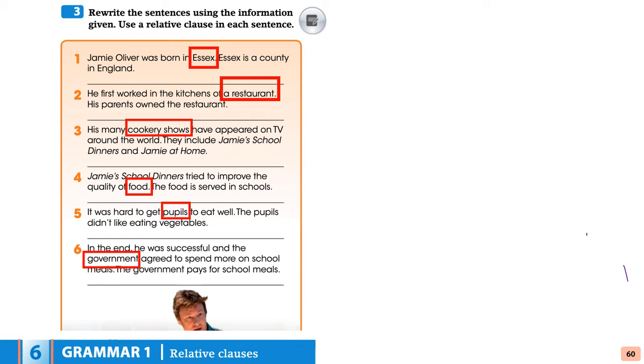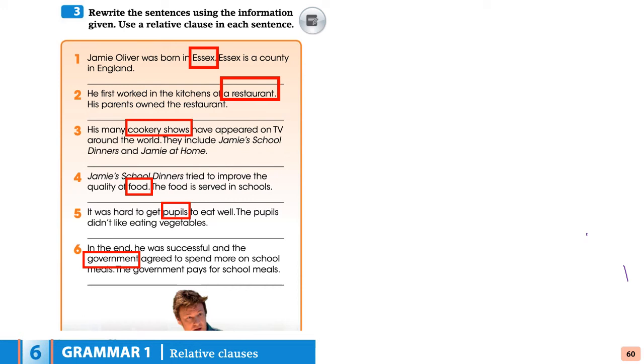So here we go. Jamie Oliver, who, by the way, is a very famous cook there in England, kind of like Arguiñano in Spain. Yeah. So, Jamie Oliver was born in Essex, and Essex is a county in England, un condado.